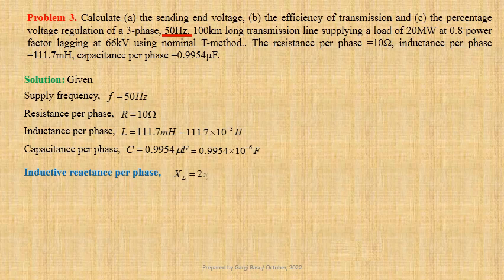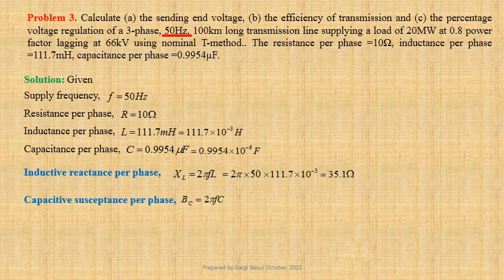XL equals 2 pi F into L. Using values we get 2 pi into 50 into 111.7 into 10 to the power minus 3, that gives us 35.1 ohm.